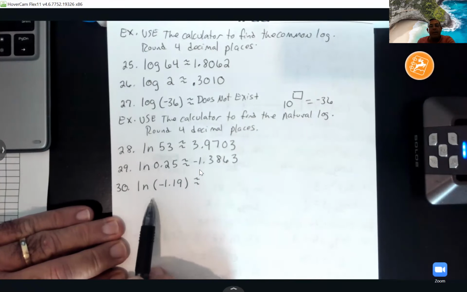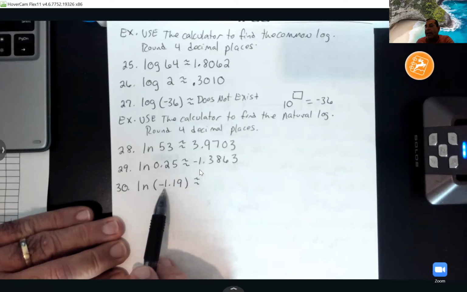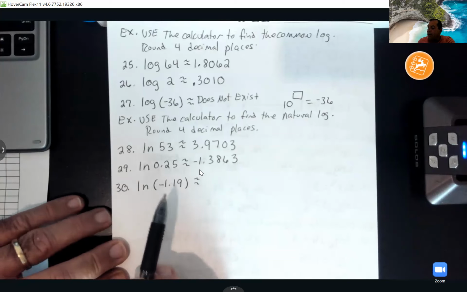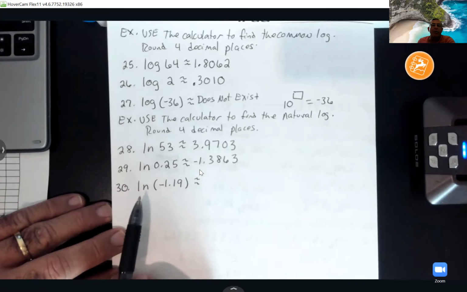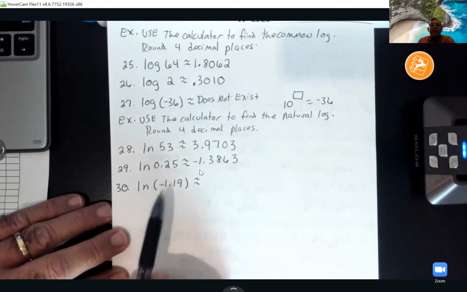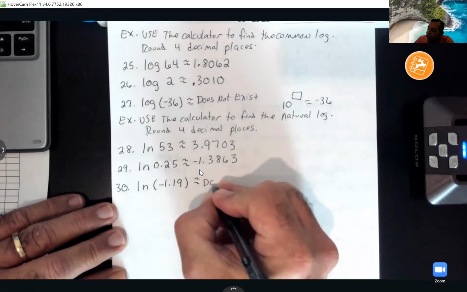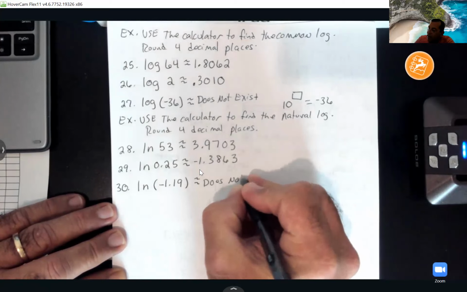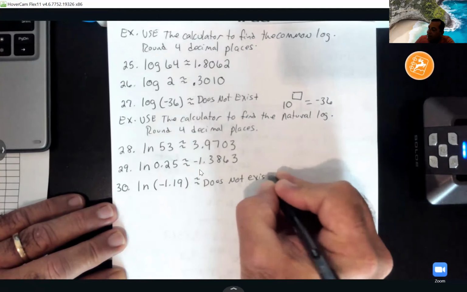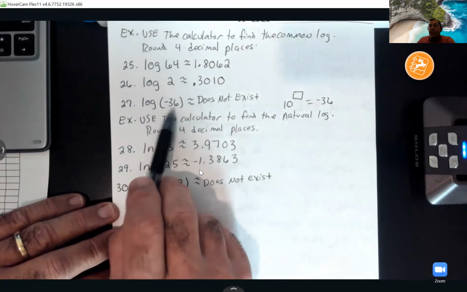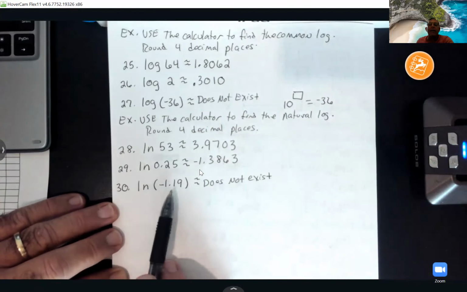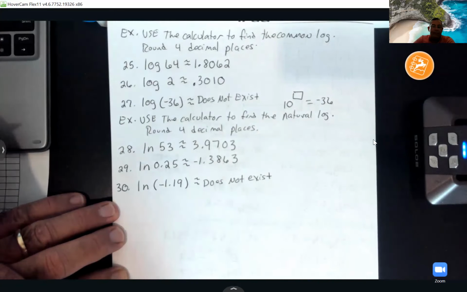There's nothing I can do to this e as far as exponents go that can turn that e into a negative number. So once again, I got that negative number sitting here. There's nothing I can do to a positive number to make it a negative answer. So this one does not exist. So I can't take the log of negative numbers. I can't take an ln of negative numbers, okay?